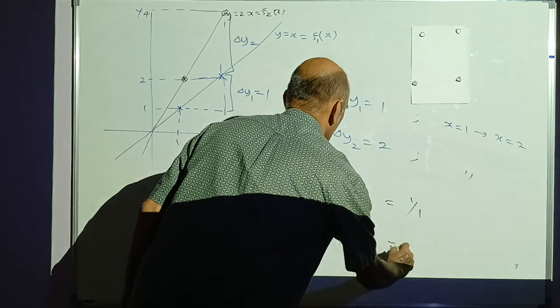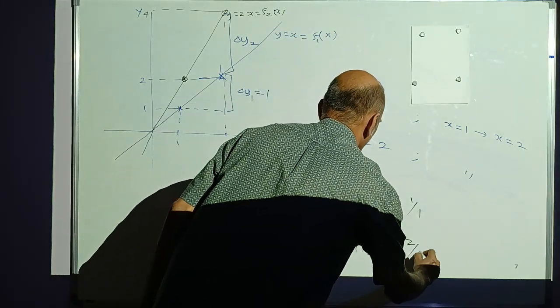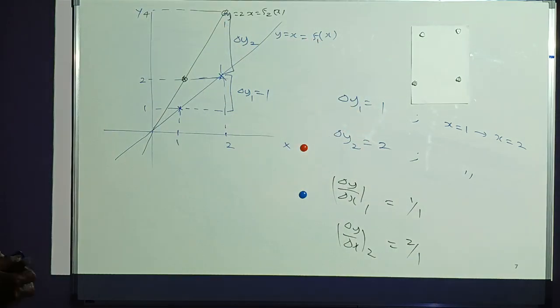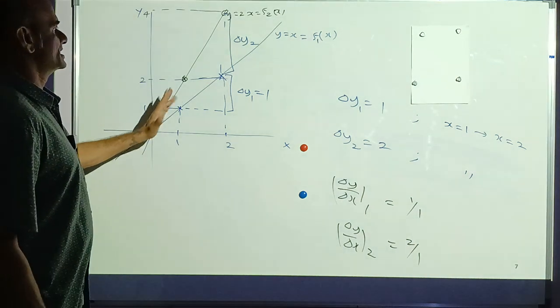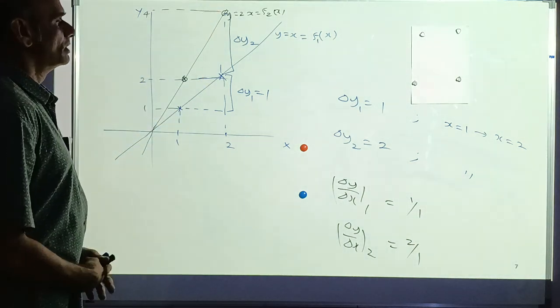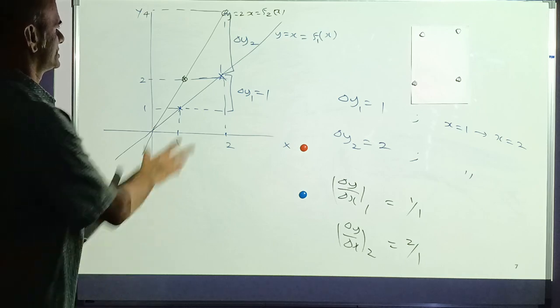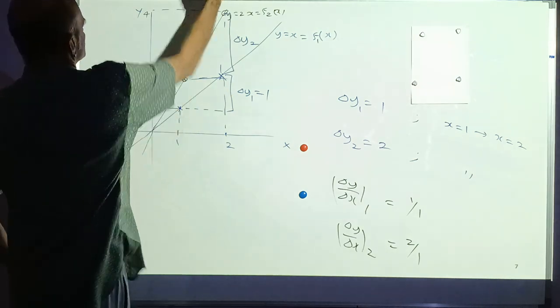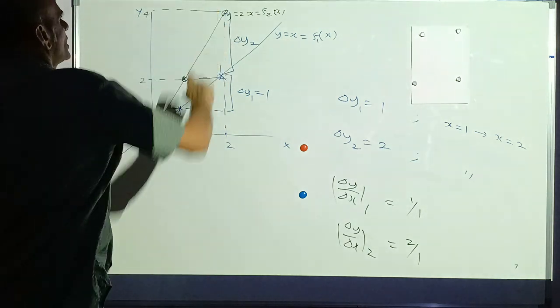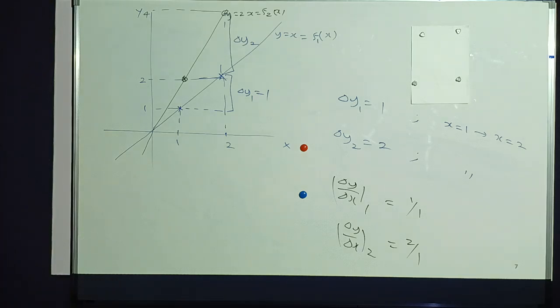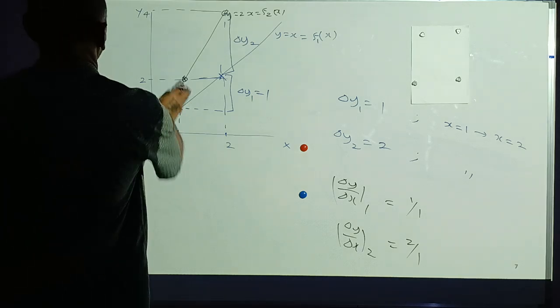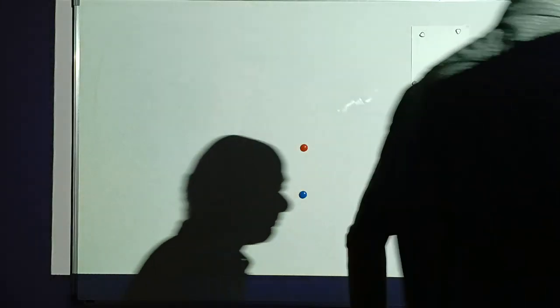Here delta y is 2, corresponding change in x is 1. So this second function is steeper, so the change in the value of y will be more, because it is climbing steeply. The corresponding change in y will be more for the same change in the value of x.